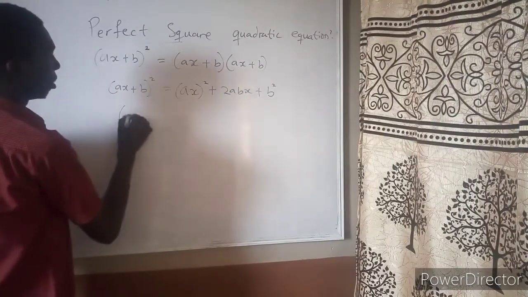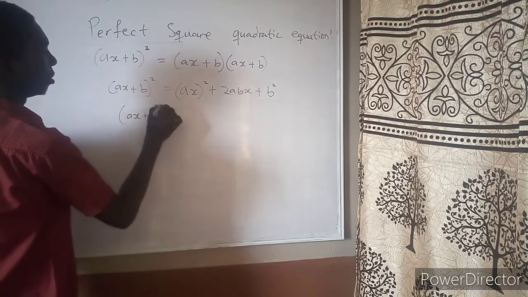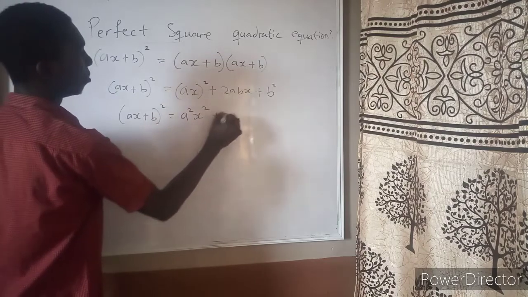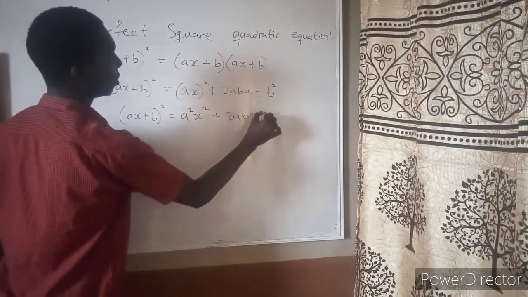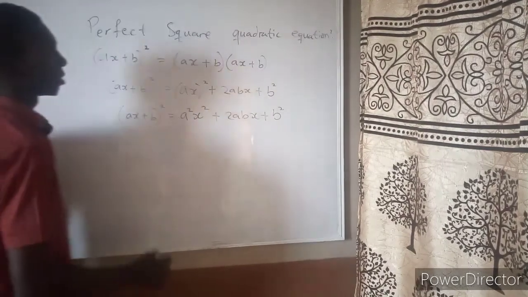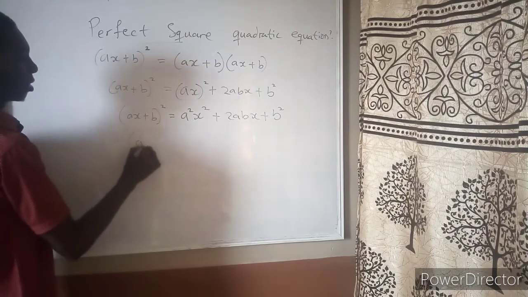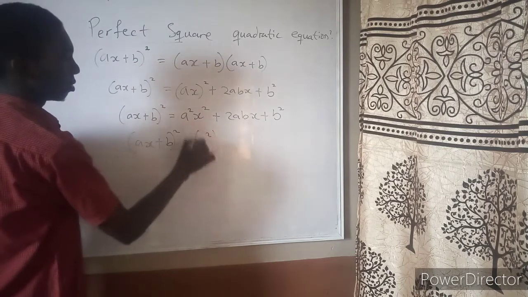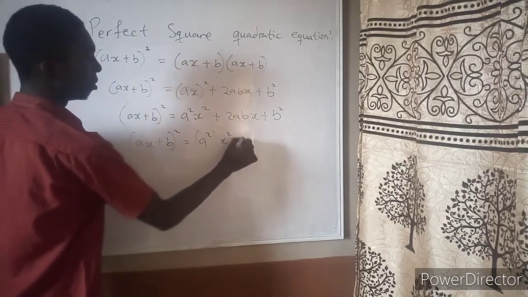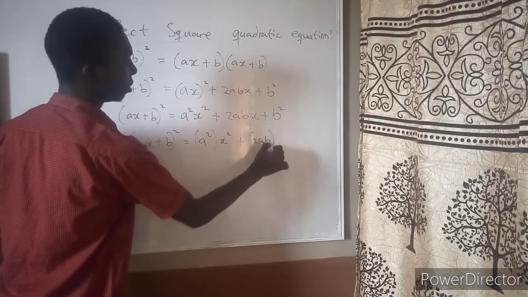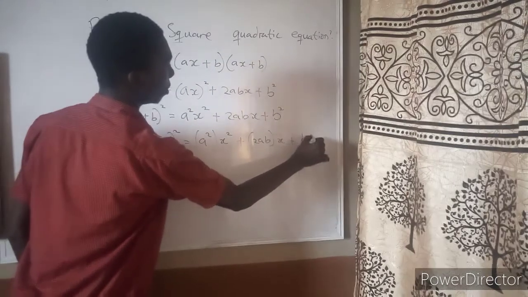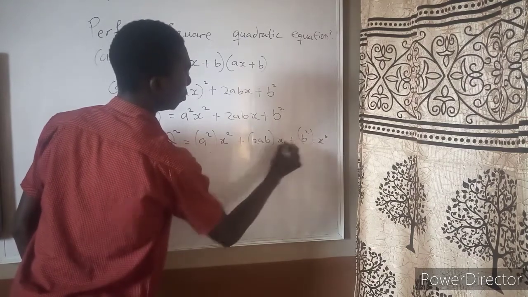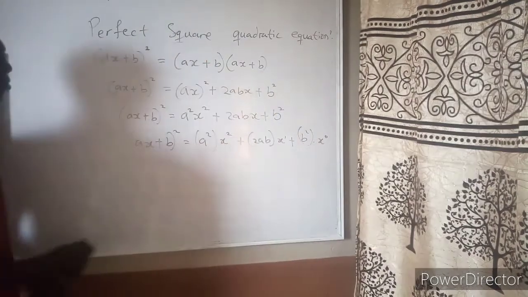So this is a squared times x raised to power 2, plus 2ab times x raised to power 1, plus b squared times x raised to power 0. This is a quadratic expression.